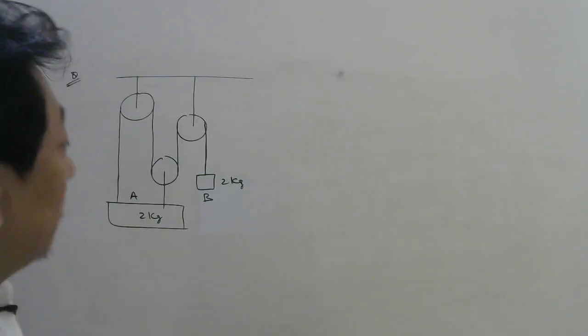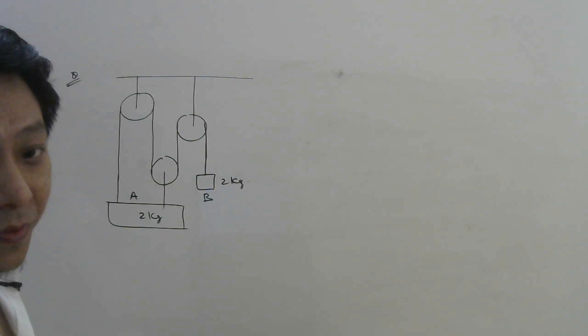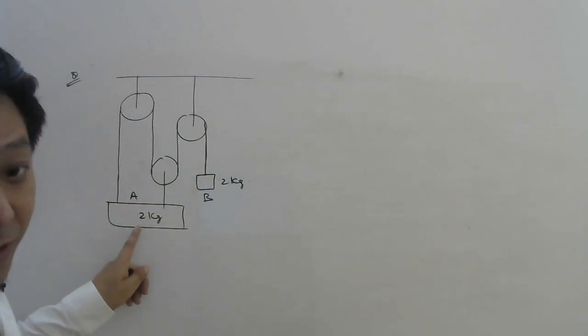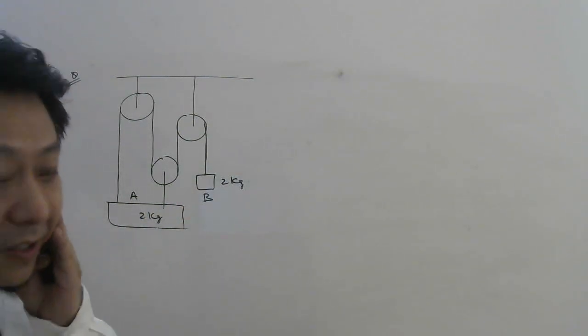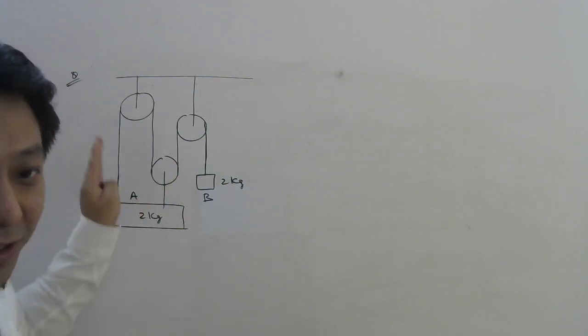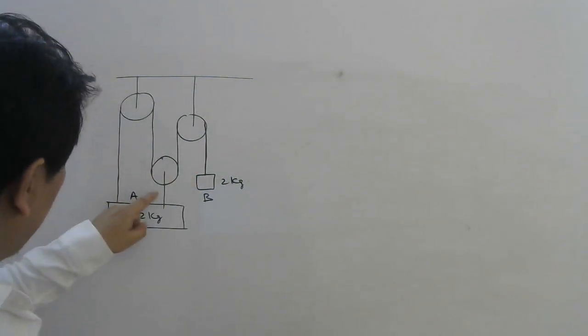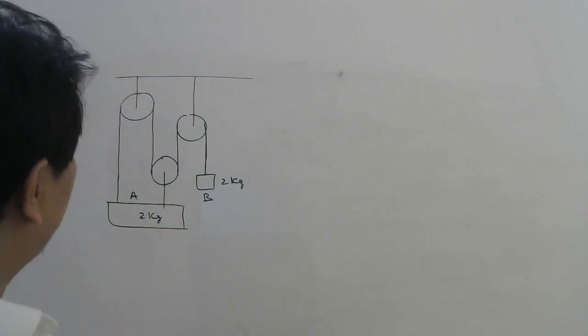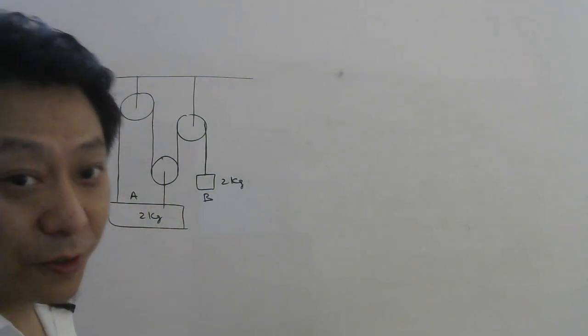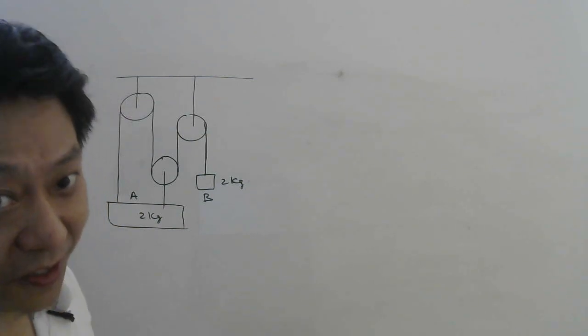So let's try this problem. We have 3 pulleys this time and 2 blocks. Masses I am given equal, 2 kg, 2 kg. And everything is ideal here. The string and the pulleys are ideal. Be careful, there are 2 strings attached to this block this time, okay? So first, as you know, we have to assume direction of acceleration, right?